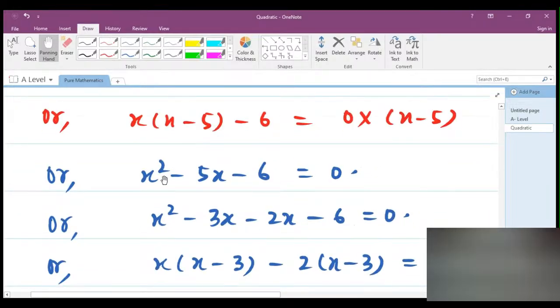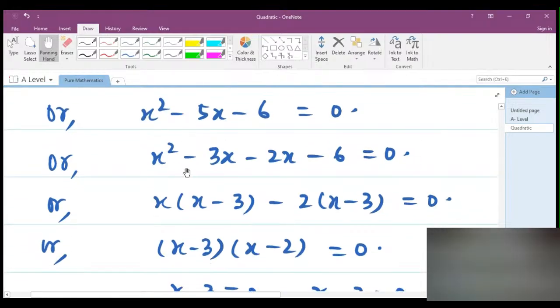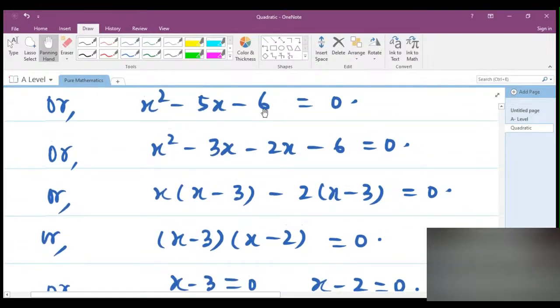After the simple multiplication, we get here x into x equal to x square, minus x into 5, equal to minus 5x minus 6 equal to 0, and 0 into x minus 5 equal to 0. So here next step will be multiplication.